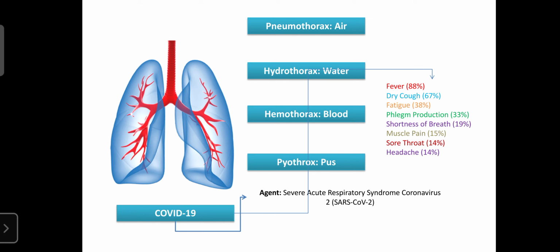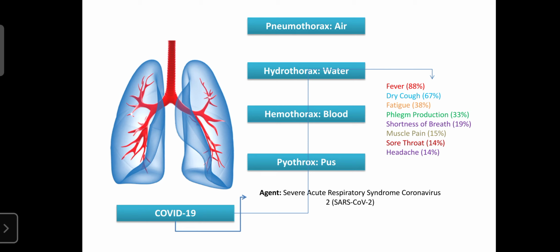You should always close your mouth and nose, otherwise the water droplets can enter the lungs through inhalation. That causes hydrothorax, where accumulation of water in the lungs causes inflammation.